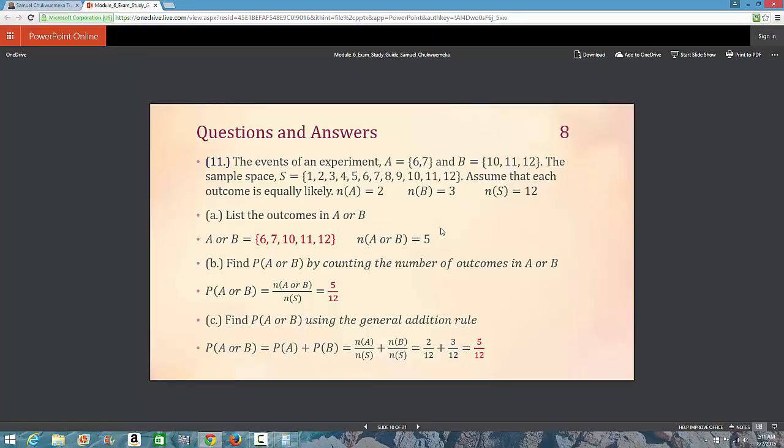A is 6, 7, B is 10, 11, 12. So they are mutually exclusive events. So probability of A and B is 0. That's why I know it's 0, so I didn't put it. Minus 0. And if you do that, it gives you 5 out of 12 minus 0, which is 5 out of 12. Okay.